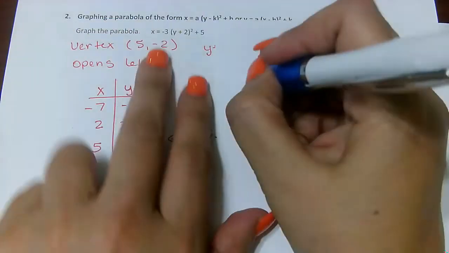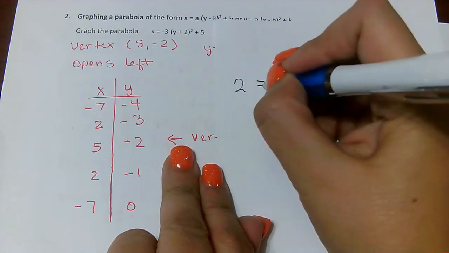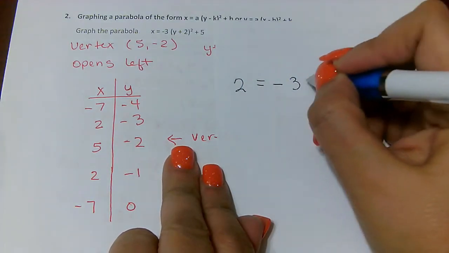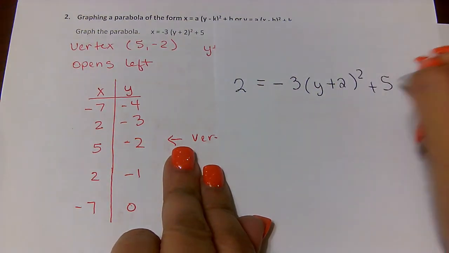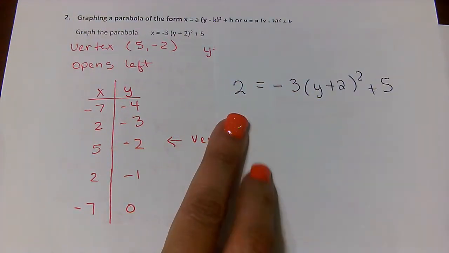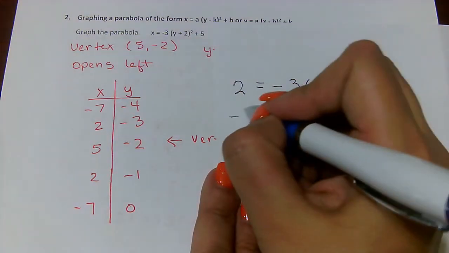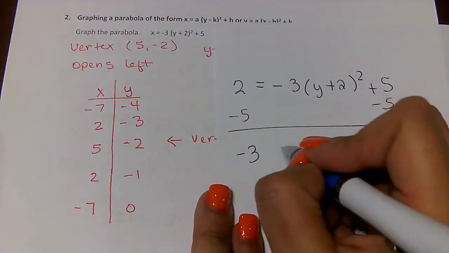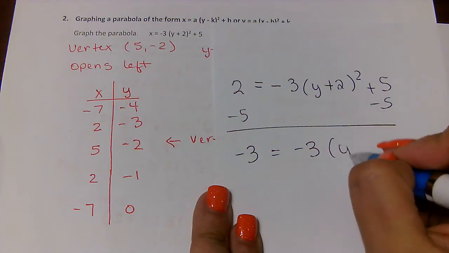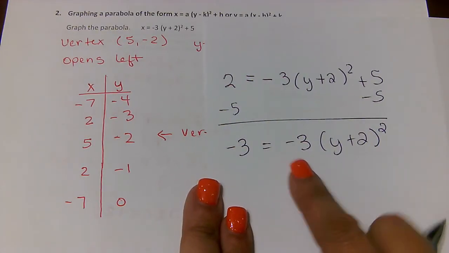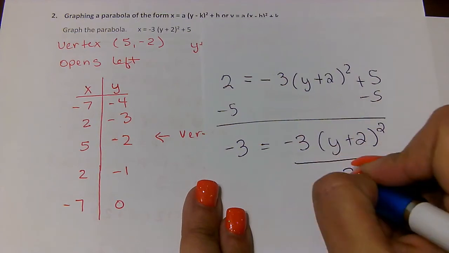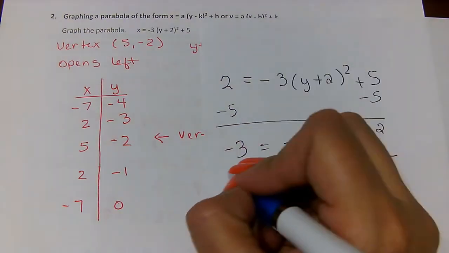If I let my x equal to 2, I can equal that to -3(y + 2) squared + 5. Subtract the 5 from both sides and I get -3 is equal to -3(y + 2) squared. Remember, in this case we want to divide by the -3 before we take the square roots.